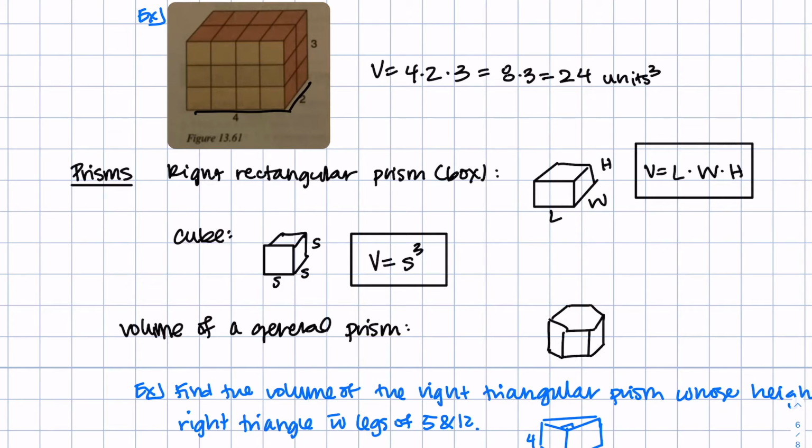So for a general prism, in this case we have, what is this, a 6-sided figure, a hexagon, I think.